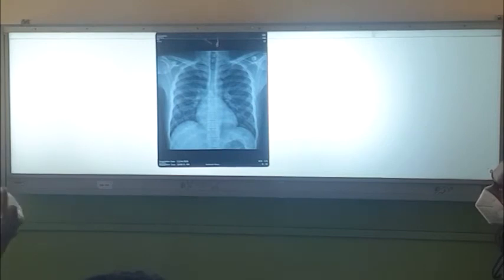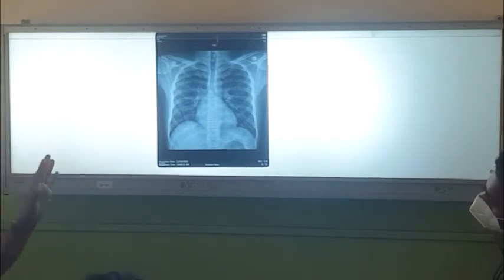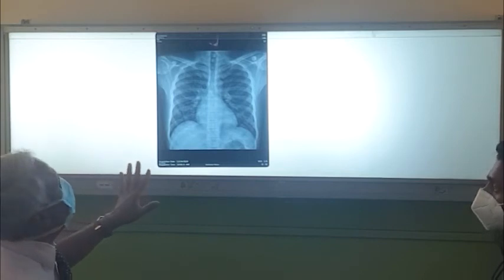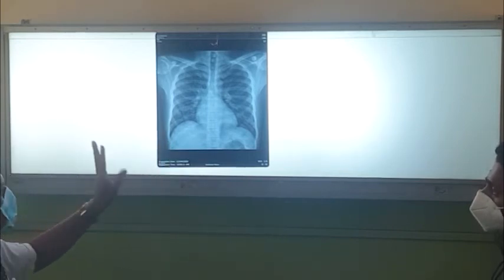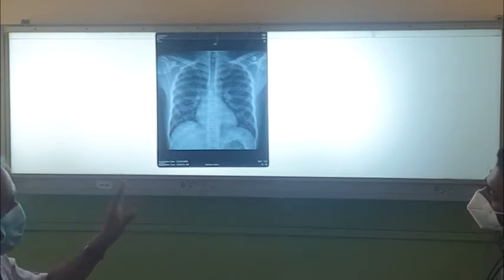Right. This one I'm just keeping here because this patient came to the private sector during this COVID period. A 40-year-old male patient with difficulty in breathing, right? They had done an X-ray and sent him back. The X-ray looked normal, they sent him back, but he came to the private sector.